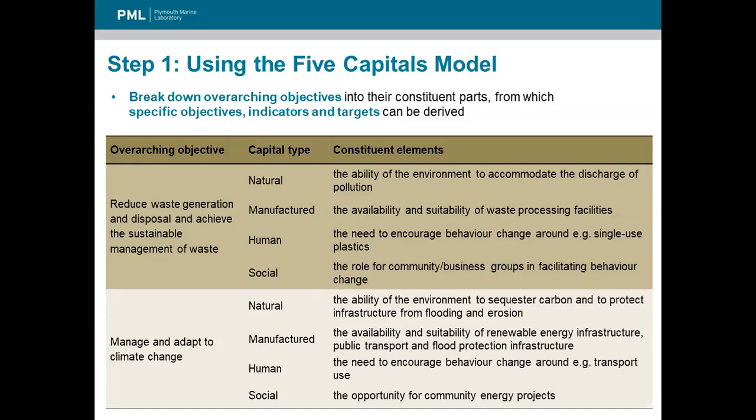So for example, splitting down this overarching objective about waste generation and disposal, you need to look at the ability of the environment to accommodate the discharge of pollution, you know, the availability and suitability of waste processing facilities, how to encourage behaviour change, and how community and business groups can actually be used to help facilitate that behaviour change.